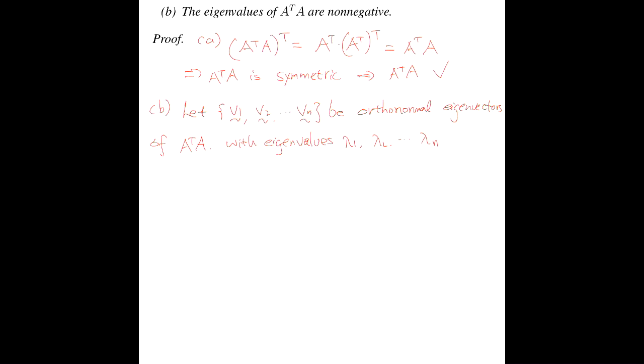So v1, v2 are not the eigenvectors for A, but the eigenvectors for A transpose times A. Then let's consider A vi dot product A vi. We know this is the norm of A vi squared, so this must be non-negative.